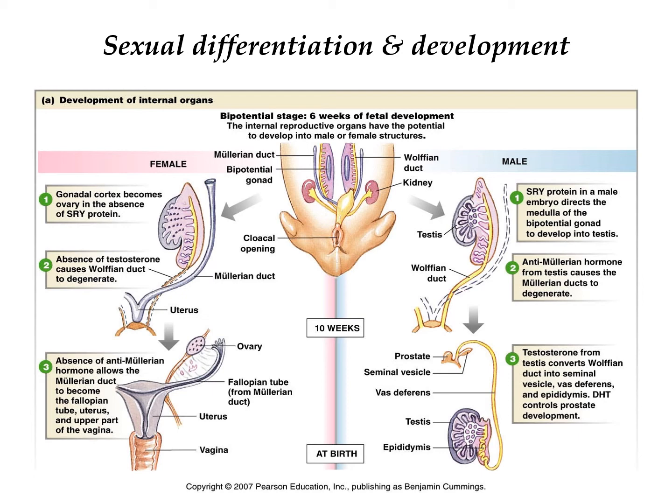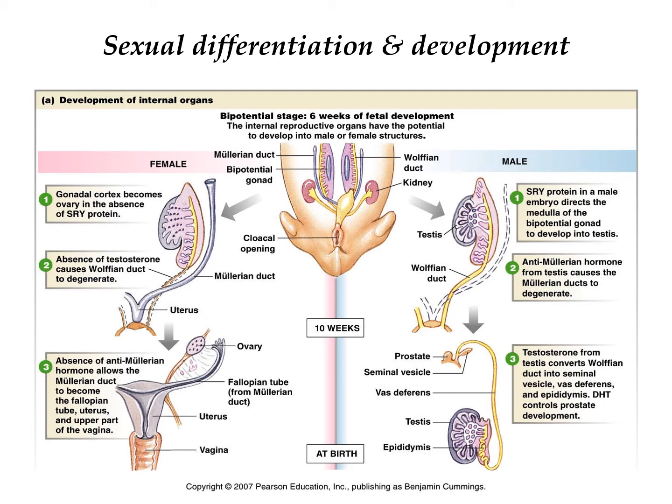So this is an image of what I just described: at 6 weeks, if those cells contain the Y chromosome, the SRY gene is switched on and makes SRY protein products. The presence of these protein products will result in, number one, the embryo directing the bipotential gonad to develop into a testis. Then the anti-Mullerian hormone from the testis will degenerate the Mullerian ducts.